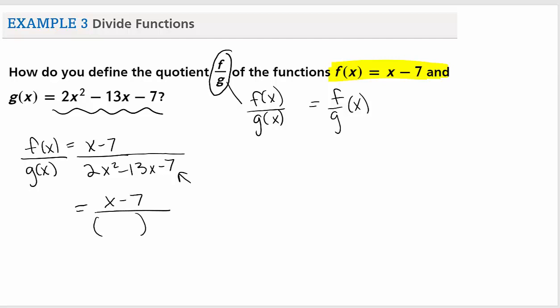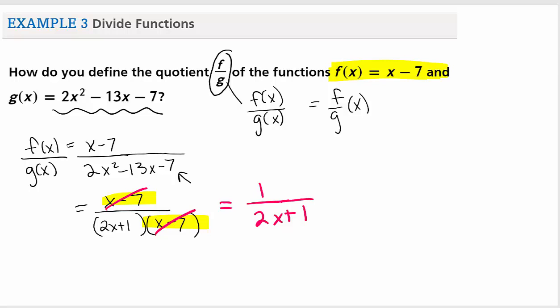So I'm looking for factors of 2x squared minus 13x minus 7. That simplifies to 2x plus 1 and x minus 7. You'll notice that we have two terms in the numerator and the denominator that are the same, so they can cancel. So the final answer is 1 over 2x plus 1.